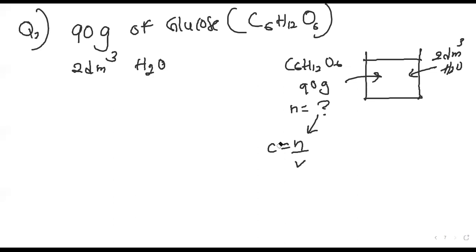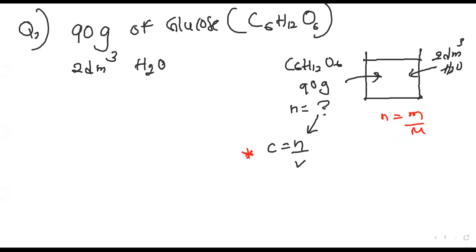For that, this equation is not enough. We need to work out n equals m over M also, to find the number of moles present in 90 grams of glucose. So for that, you need to know the molar mass of glucose.